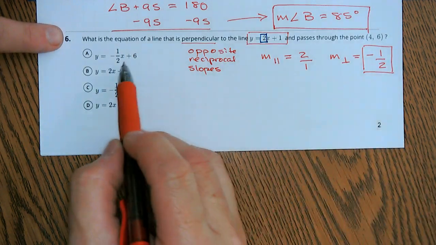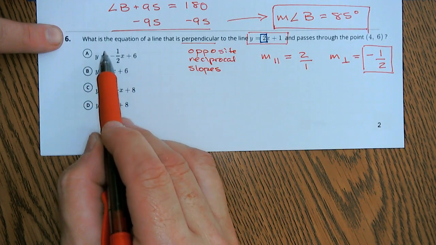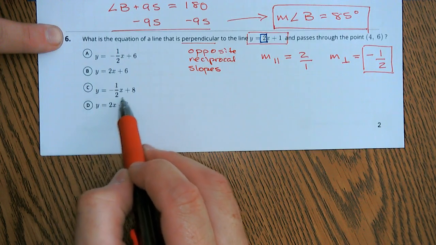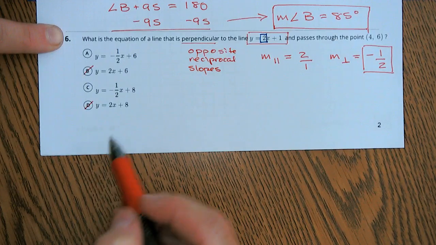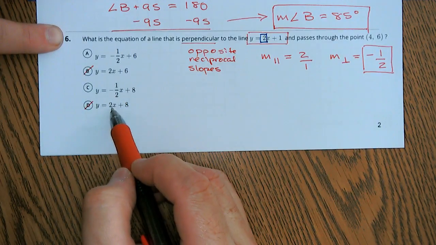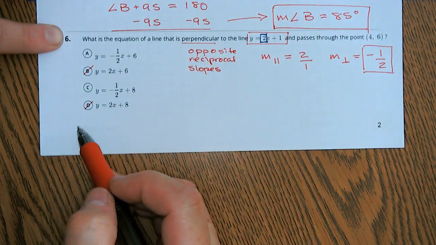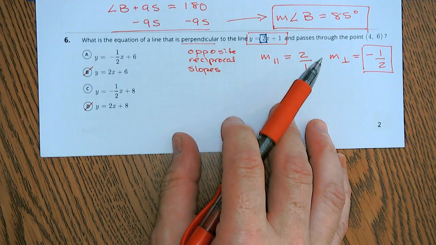So immediately we can see that it might be letter A, because we have a negative 1/2 slope here, or it might be a negative 1/2 slope here for C. It can't be B or D, because these two have a slope of 2. These two lines are actually parallel to the original line. So now we've got it narrowed down to the right one and the wrong one.